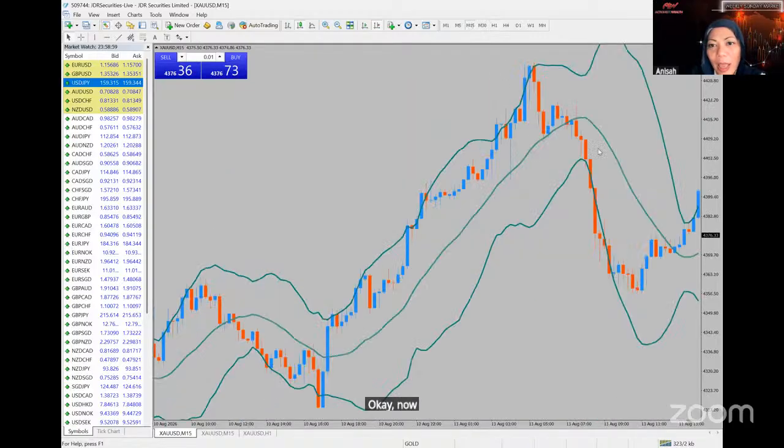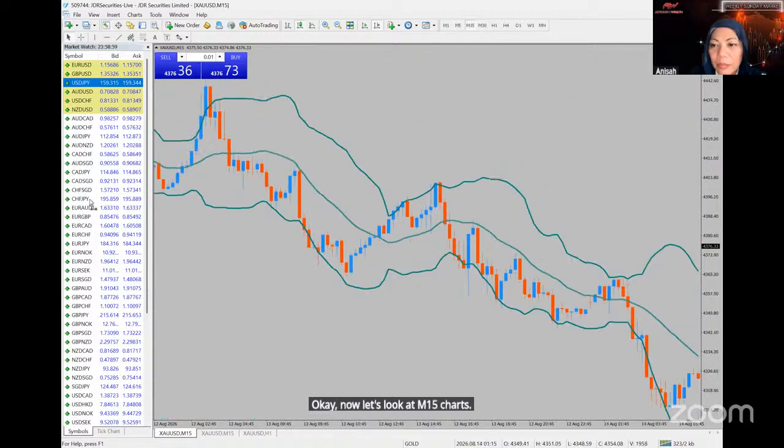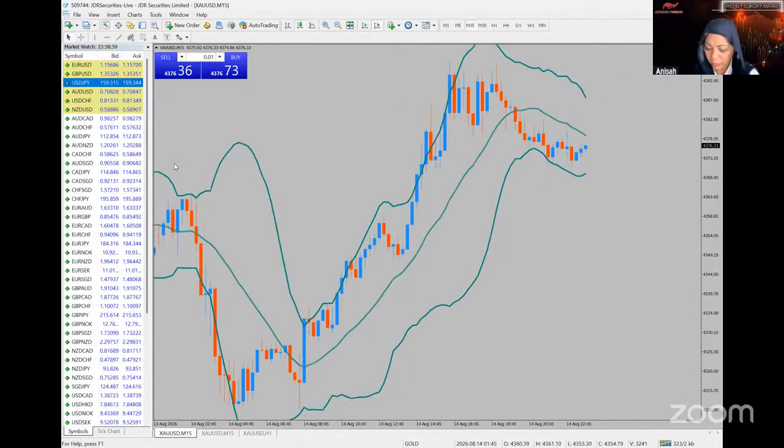Now, let's look at M15 charts. As for gold, this was a triple top.